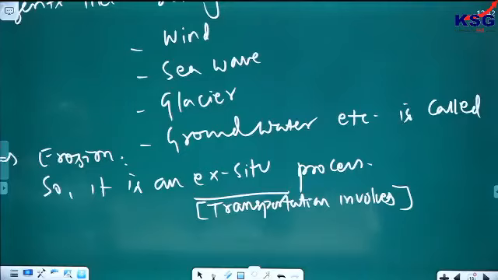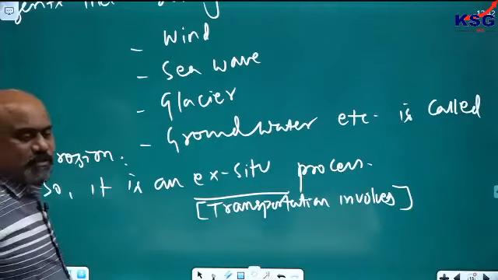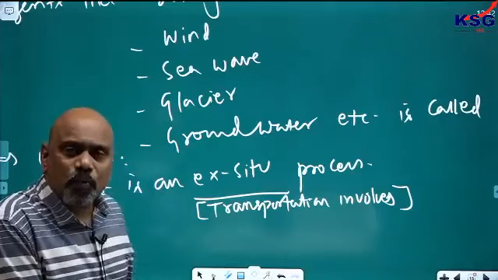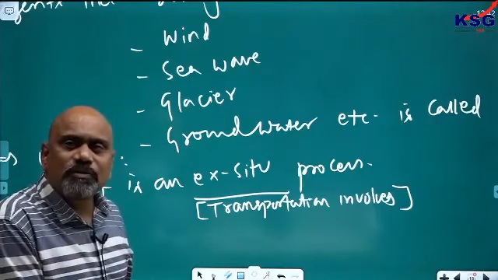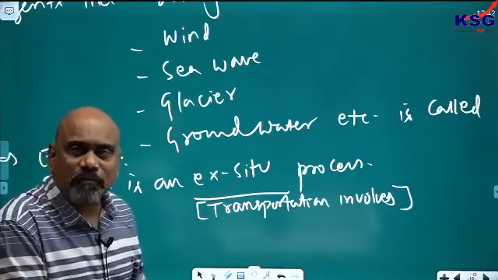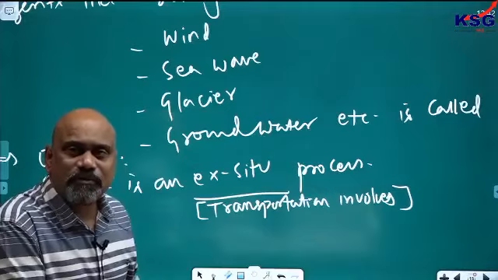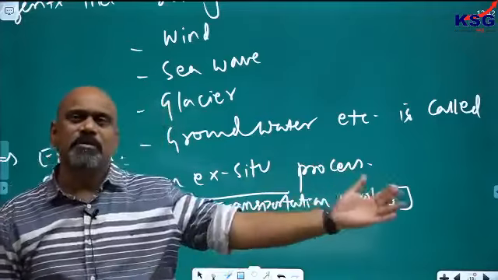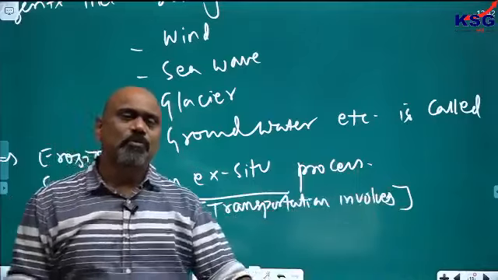So erosion takes place in a gradual sequential way, and erosion leads to development of different landforms, erosional landforms. If somewhere it is eroded, definitely the material gets deposited somewhere away. So we have two types of landform.